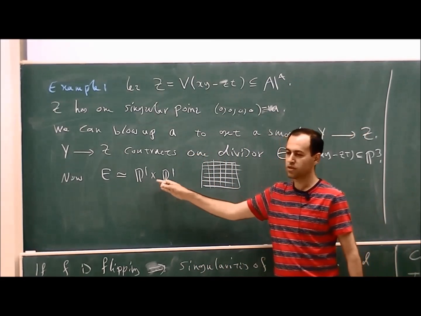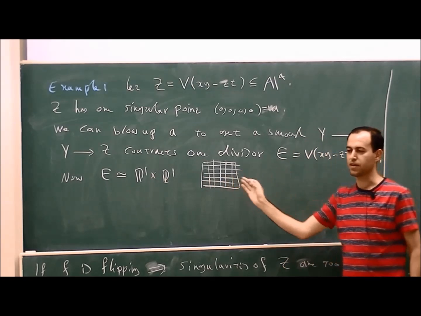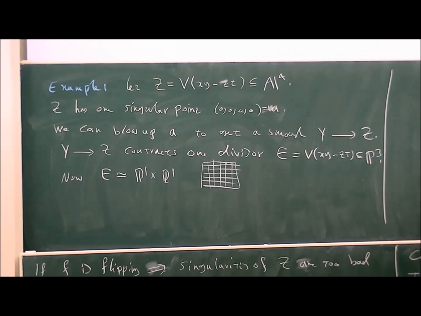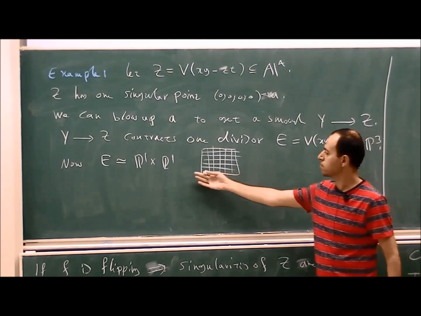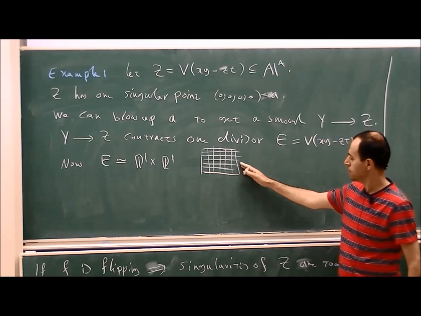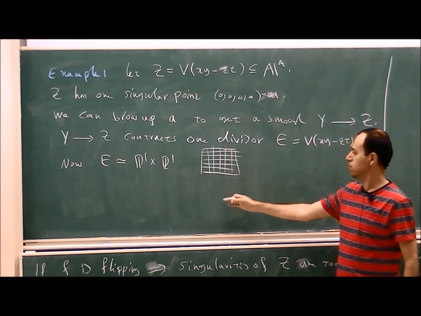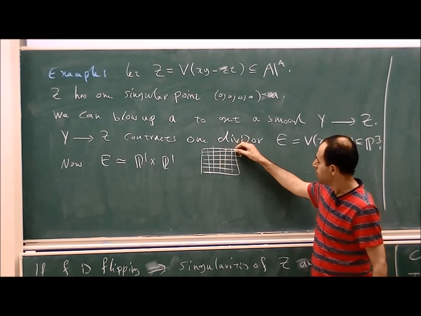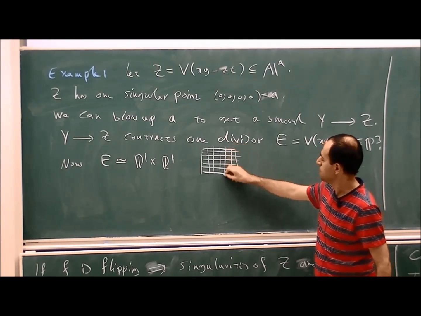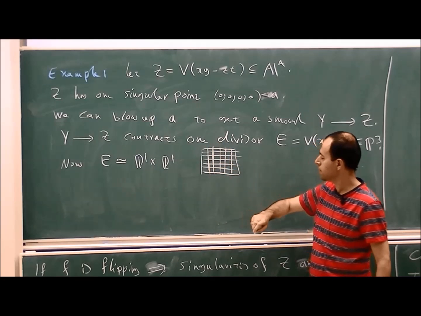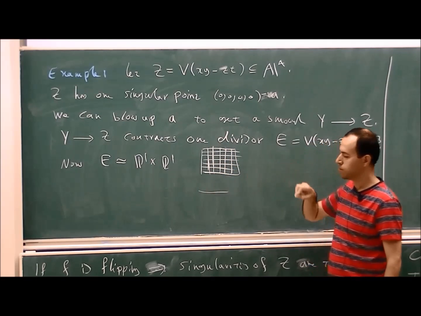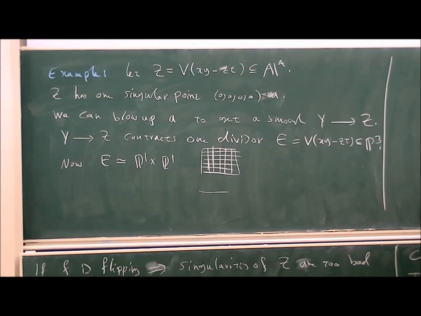Each component is a familiar projective line P1, and here you can contract this divisor E not to a point, but to a curve by contracting the curves in the family. So if you replace all these curves in this direction by points, you will get just one P1.